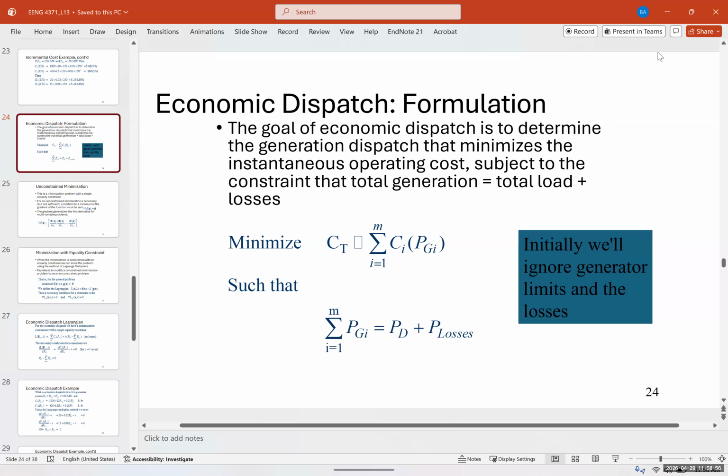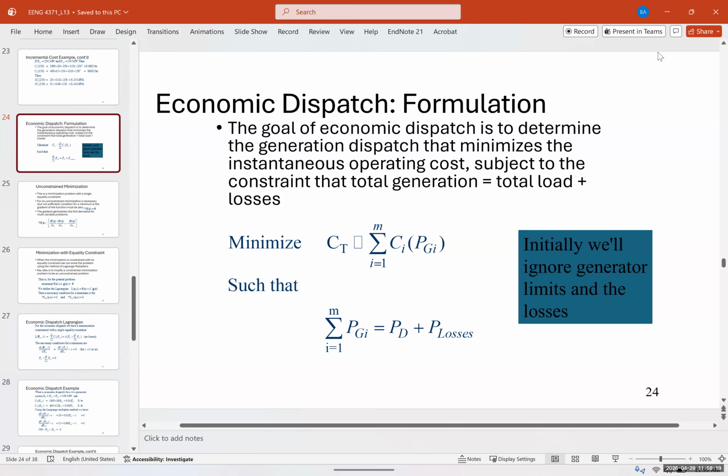Now we want to formally define the economic dispatch problem and find the formulation for it. The goal here is to minimize the total instantaneous operating costs of all generators, subject to the constraint that the total generation equals the total load plus losses.